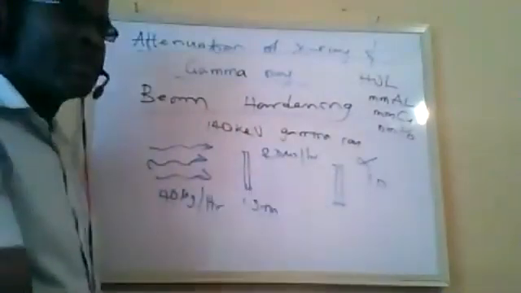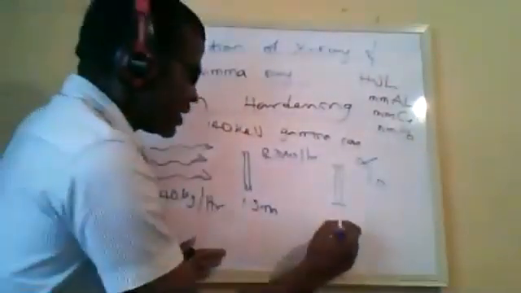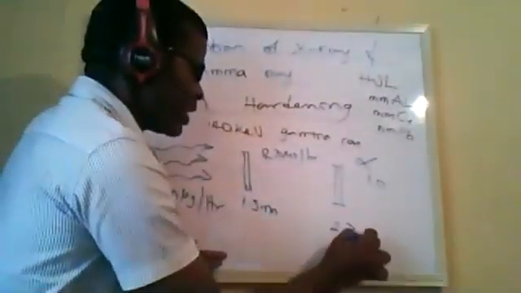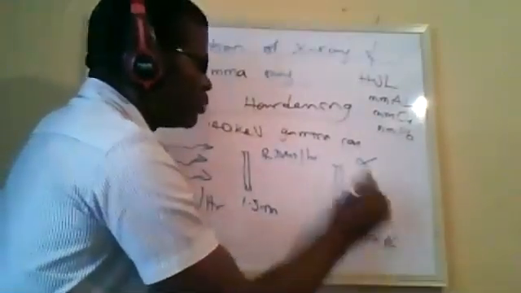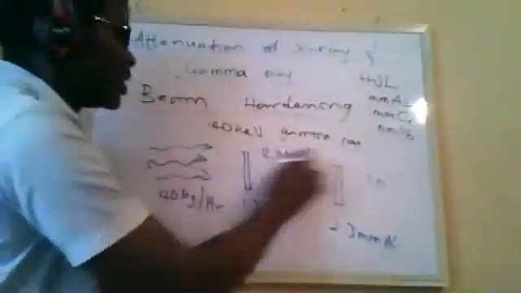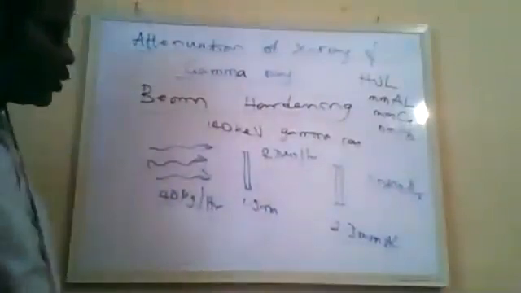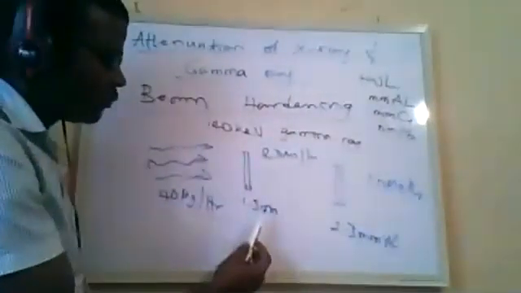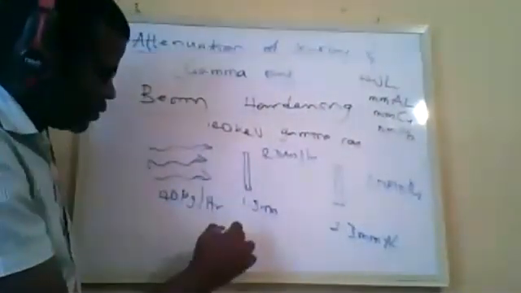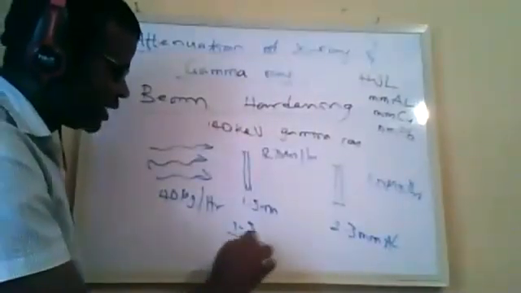Let's say it has been measured: you might see that 2.3 millimeter of aluminum will be required to reduce this to 10 microgray per hour. So 1.5 over 2.3 is not going to give us 1. It will be a number less than 1.